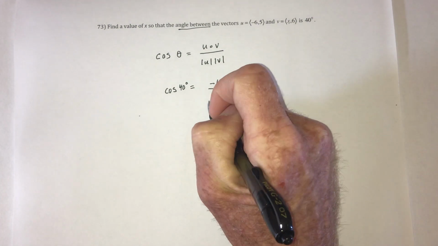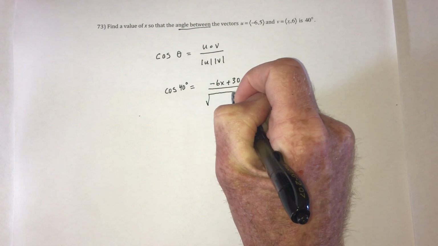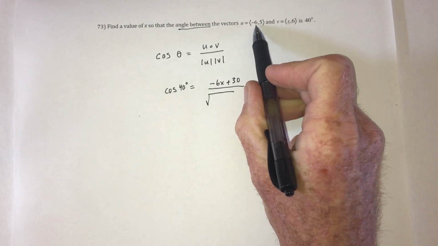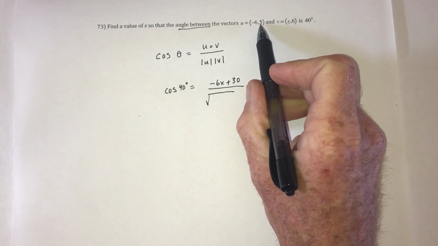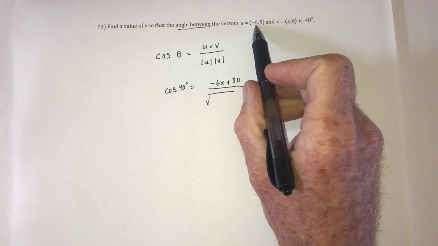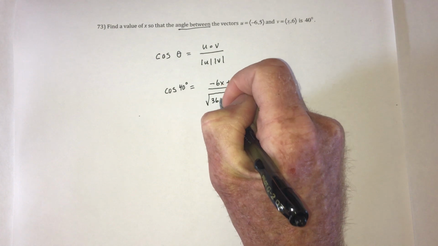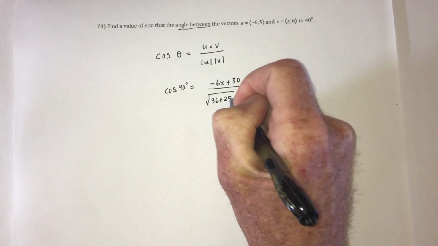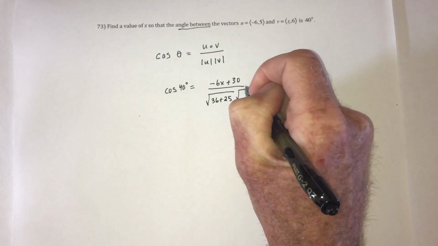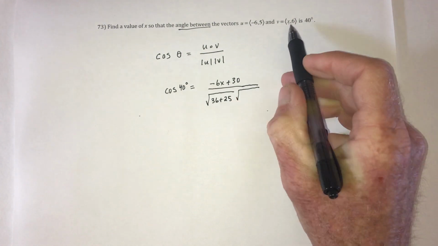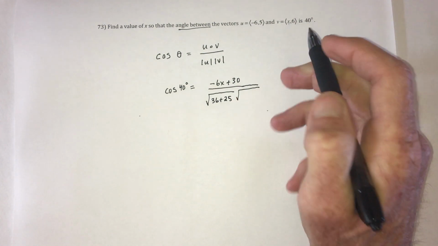And then find the length of each vector, so that is the square root, and you square this plus you square this. So this would be 36 when you square it, plus 25. And then the length of this one would be x squared plus 36.